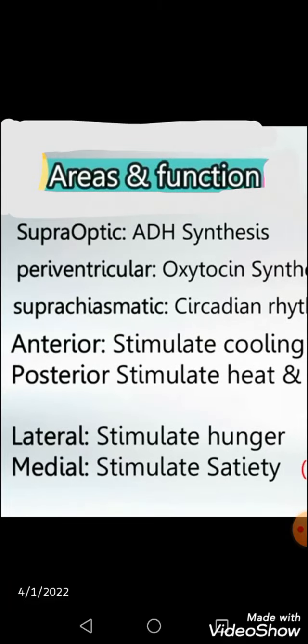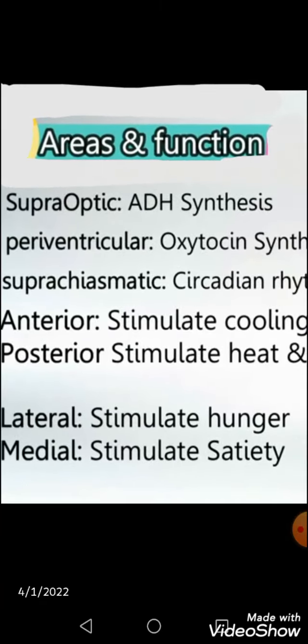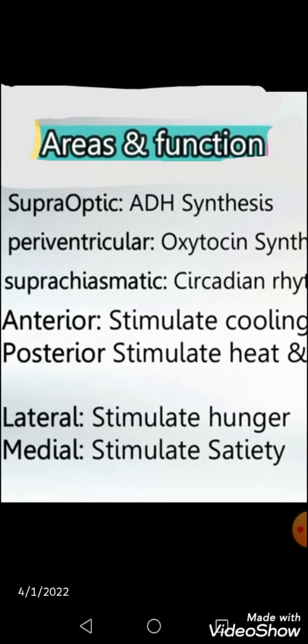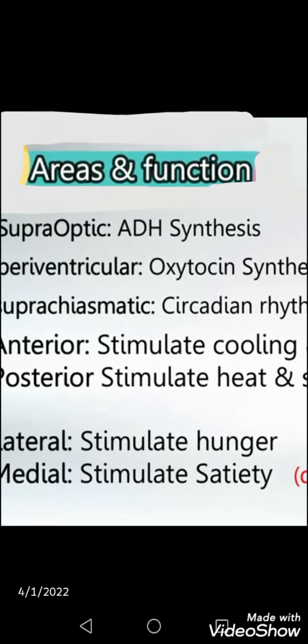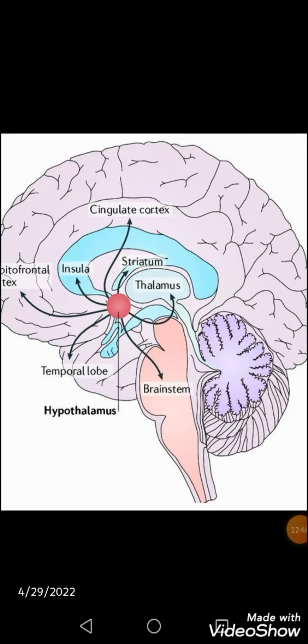And if the medial region is stimulated, that carries the satiety center, so that inhibits your eating and food intake, right? So up till now we have seen how your hypothalamus is giving so many efferent and receiving afferent fibers throughout your brain and the spinal cord, and deals with your autonomic nervous system.